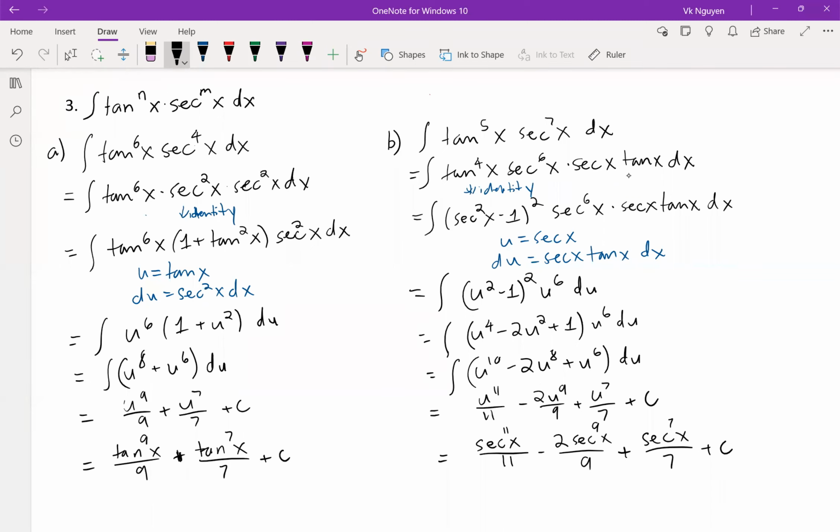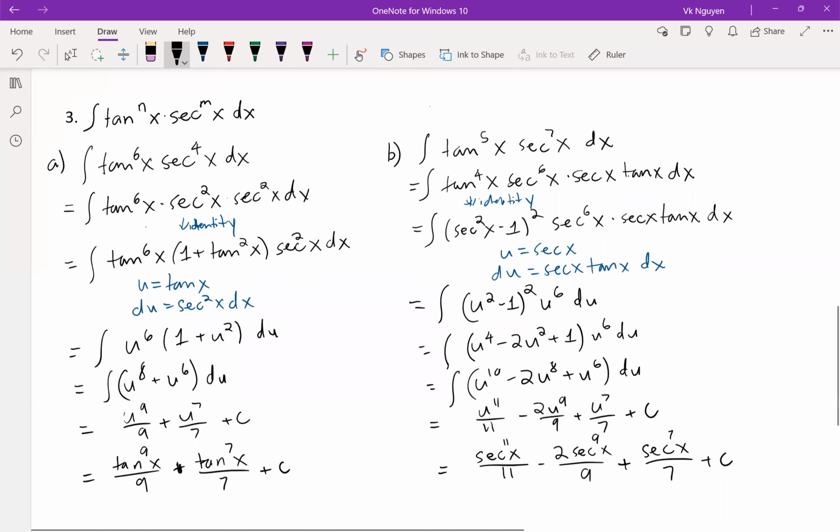This gets us to two general ways of integrating tangent x to the n times secant x to the m. The first case is the power of secant is even, so m is even, then we have to let u equal tangent x.